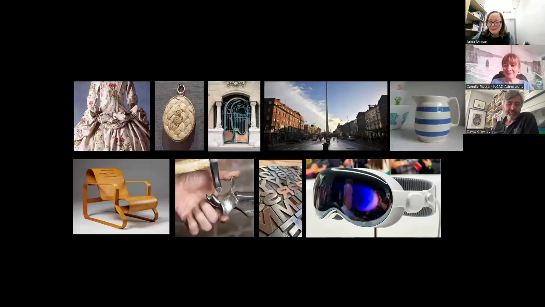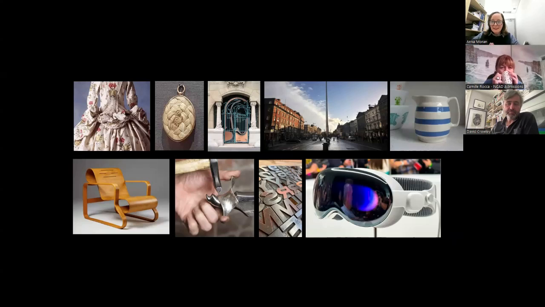You'll see a selection of objects here. I'd like to give you a sense of the range of material that we're interested in. So our explorations would lead us to encounter the extraordinary and the ordinary and everything in between. So objects that might be understood as luxury goods, and also objects that might be in everyday use, objects made by hand in a workshop by a craftsperson, or objects made in large factories.